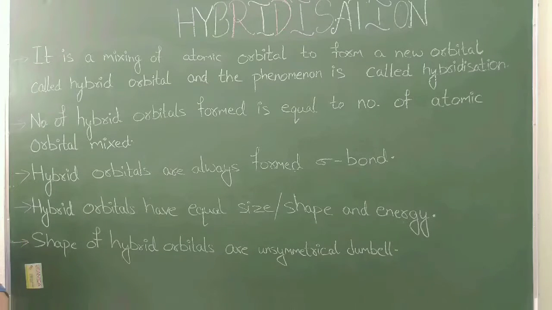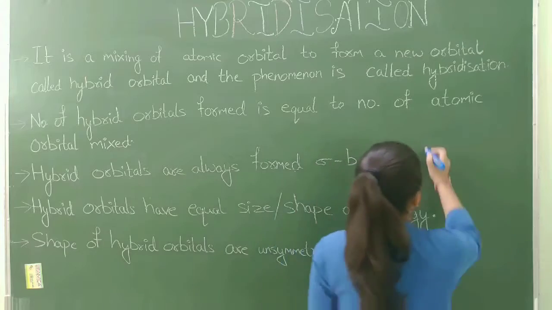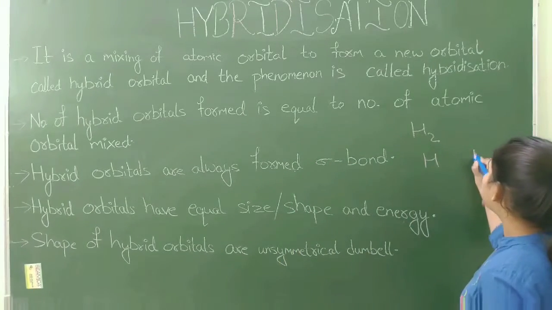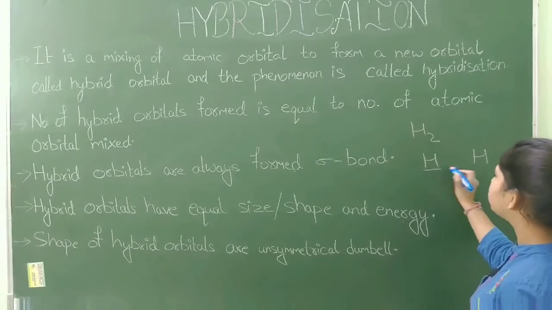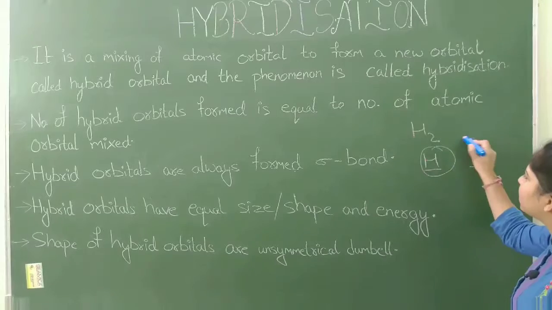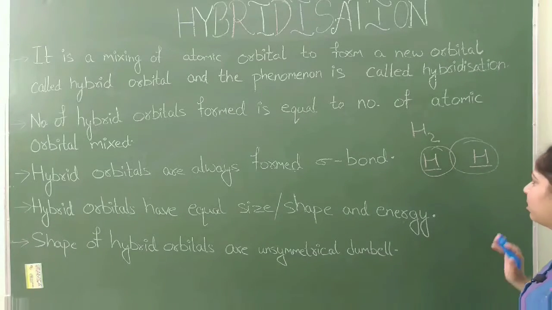The number of hybrid orbitals formed is equal to the number of atomic orbitals mixed. For example, H2. In this case, 2 hydrogen, this is one atom and this is one atom. When both atoms get mixed, they form a hybrid orbital.